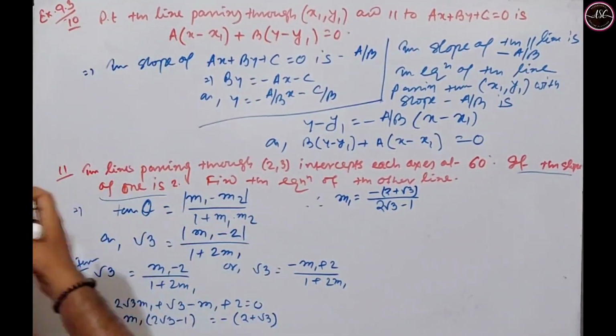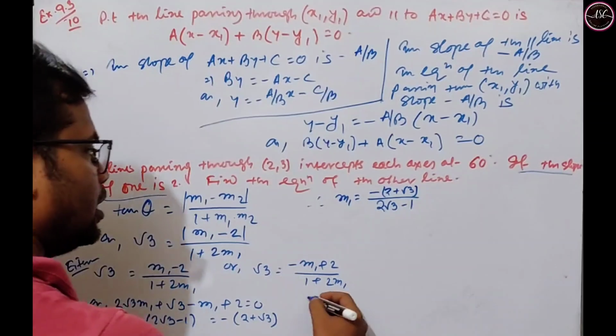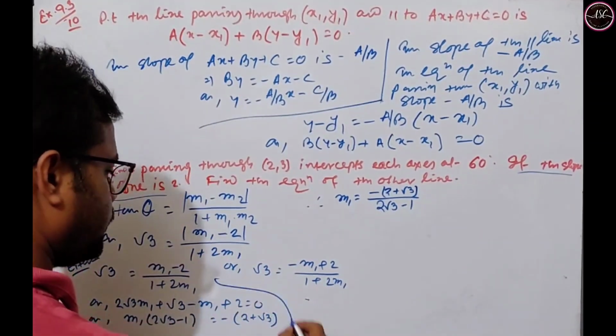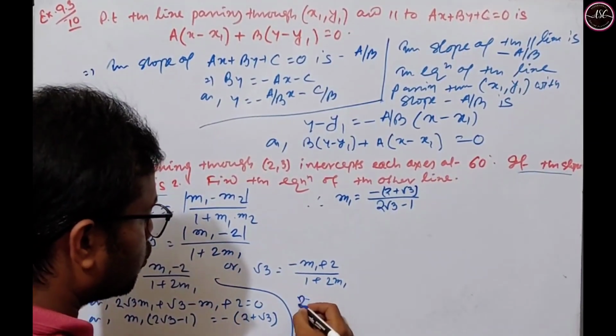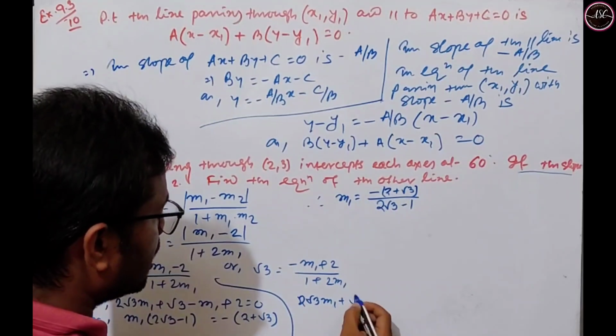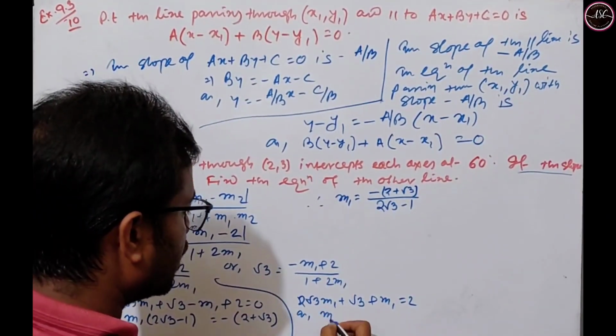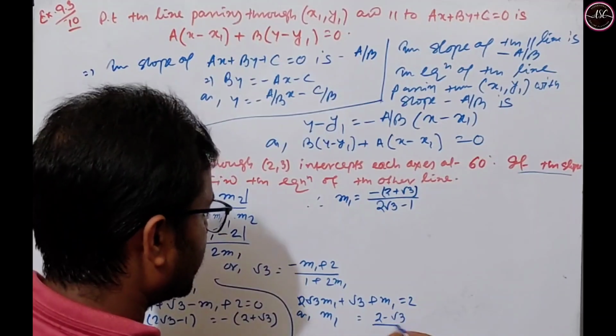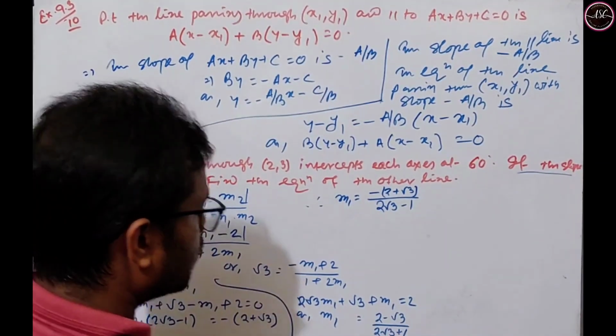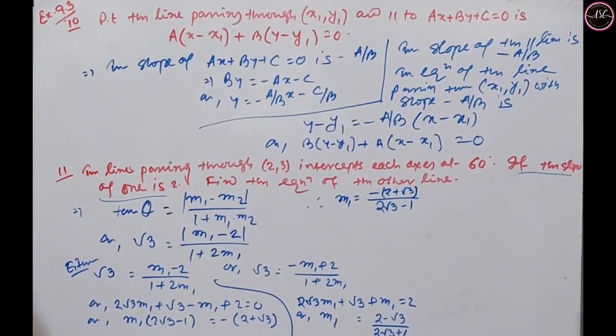And from the other, if we solve this, it will be 2 root 3 m1 plus root 3 plus m1 equals 2, or m1 equals (2 minus root 3) divided by (2 root 3 plus 1). Okay, so we get m1.